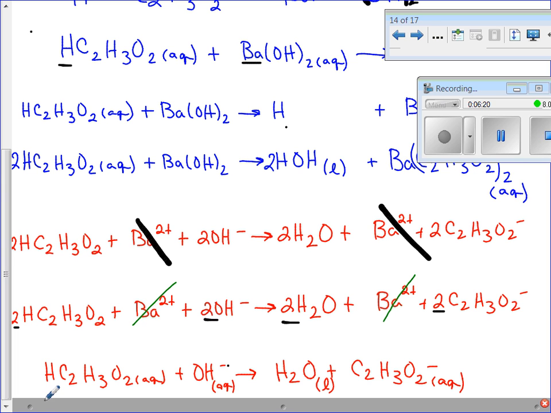So you could put the 2 in front of each of these ions or molecules, but that would really not be most correct. So you need to reduce all your 2's down to 1. So there's your net ionic equation for part C of 2006.